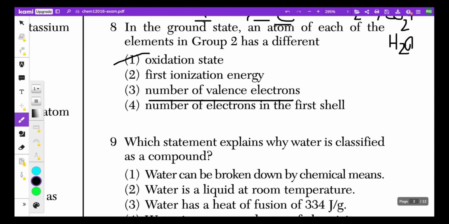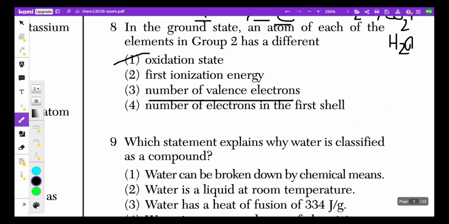If I were to draw an atom of magnesium, here's your nucleus. You have 2 electrons in the first shell. Then you have 8 electrons in the second shell. Just pretend I draw 8 here. And you have 2 electrons in the outermost shell, the third shell, which is the furthest shell.